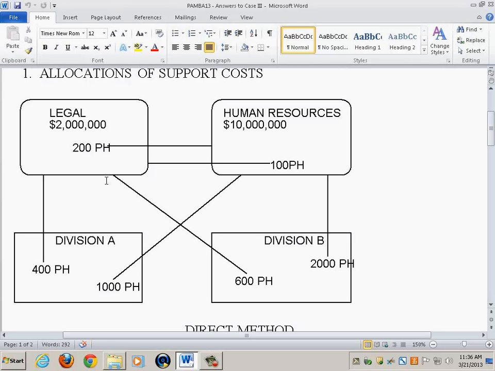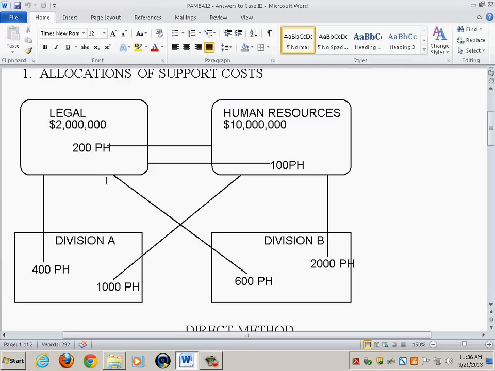Then we group the costs in human resources and legal by activity, all the costs associated with them by activity, as we did in ABC. So we aggregate them into separate activity cost pools. And then for each activity cost pool, we choose the appropriate cost driver.